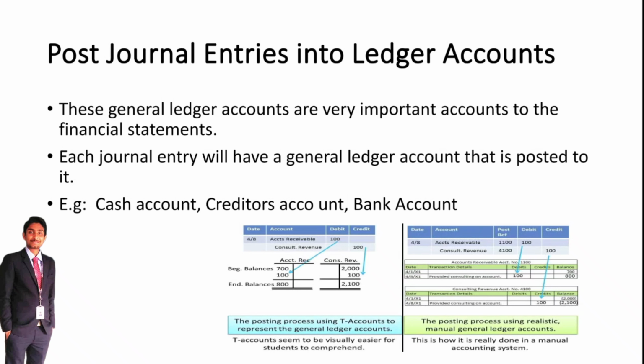For example, if you purchase goods for cash, the transaction has two elements: purchase of goods, which goes to the purchase account, and cash payment, which goes to the cash account. So we need to segregate the ledger accounts.